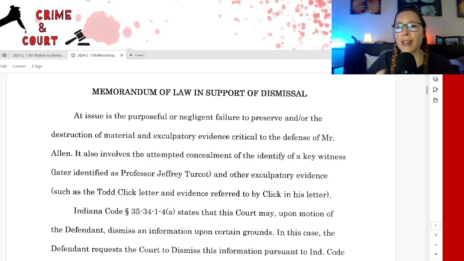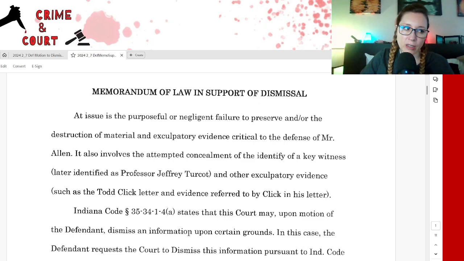But then when Allen's defense team published the Franks memo, it blew up social media-wise, and the professor reached out, I think, to the defense or to whoever, and now we know the identity of that person who originally reviewed the crime scene.